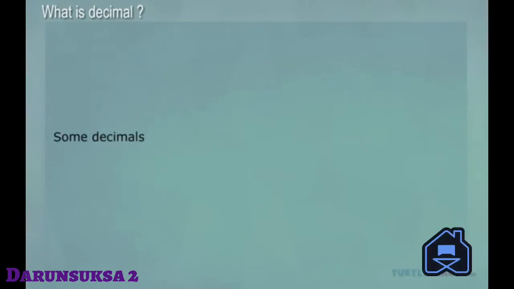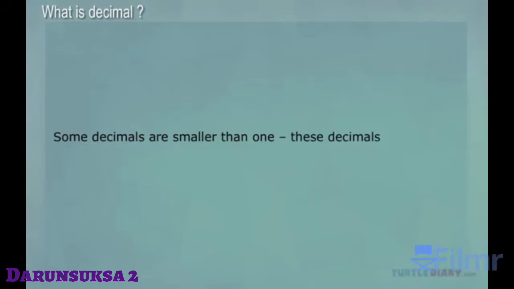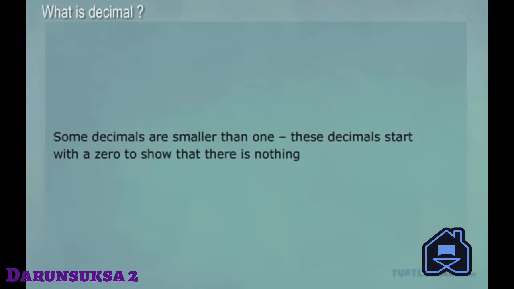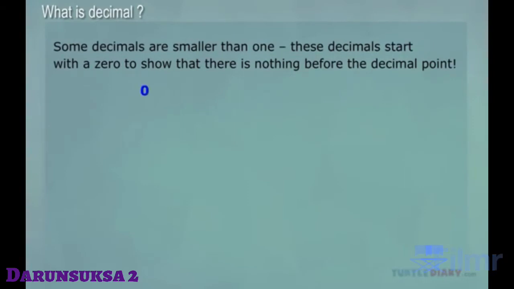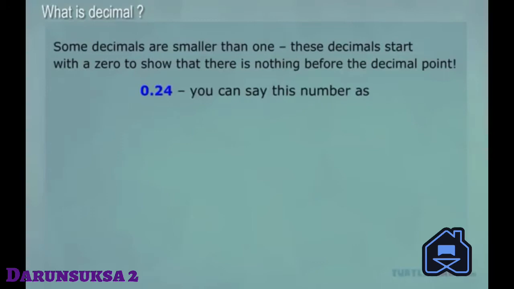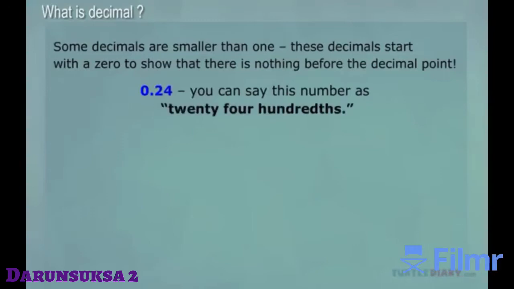Some decimals are smaller than 1. These decimals start with a 0 to show that there is nothing before the decimal point. For example, 0.24. You can say this number as 24 hundredths.